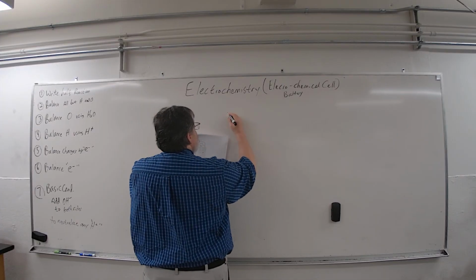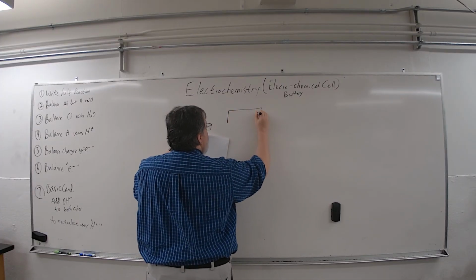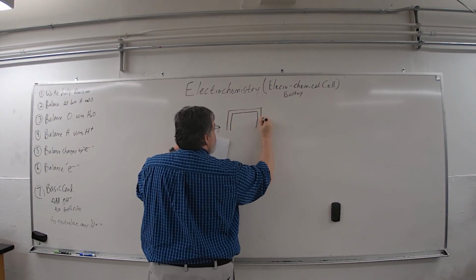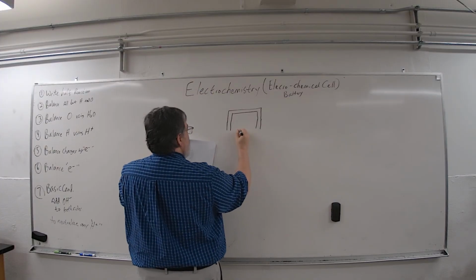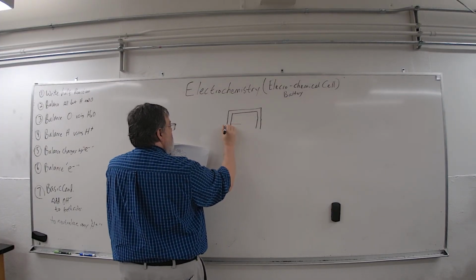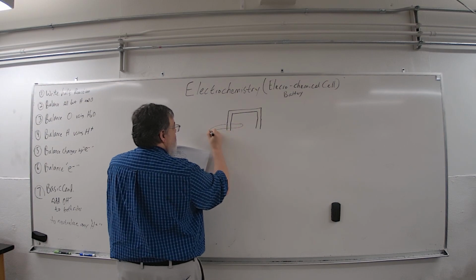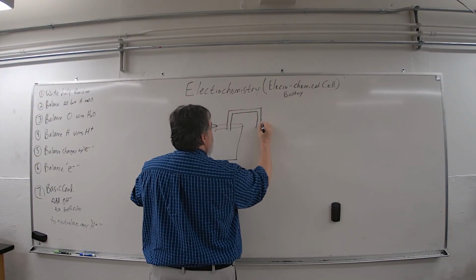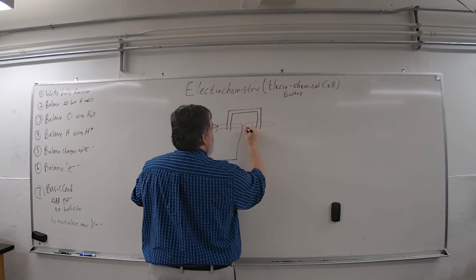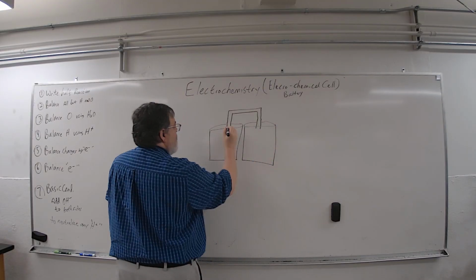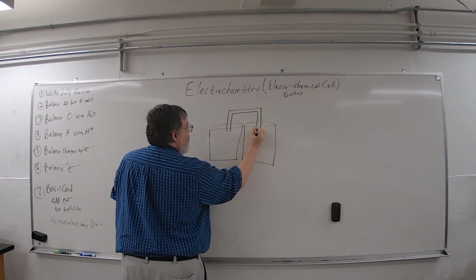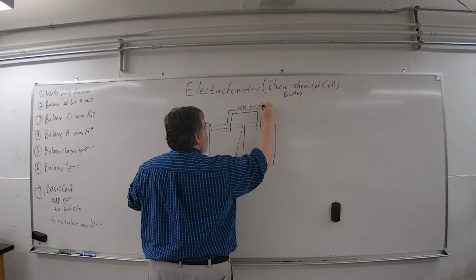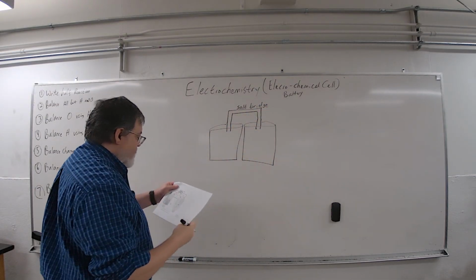The general idea is, if I actually sketched it, you have a beaker, and then you have another beaker. This is called a salt bridge. That's called a salt bridge.